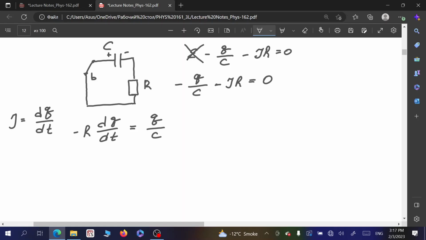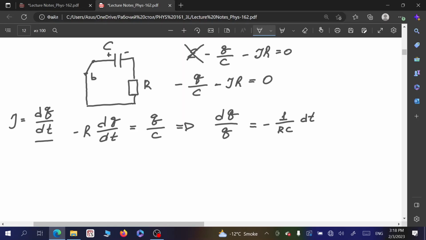And the first derivative of charge over time gives us the instantaneous value of electric current flowing in this circuit. So now we also separate variables. So we will get dq over q equals minus 1 over RC dt.